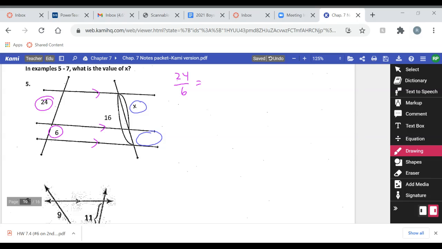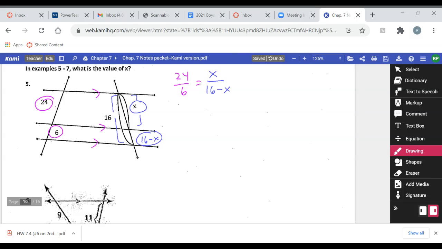So based on what is given, I have to decide what to put there. Well, if I can see that this whole length is 16, and this piece is x, I therefore know that where I just circled here, I could write 16 minus x. Okay, so my right side of the proportion, I can say 24 over 6 equals x over 16 minus x.